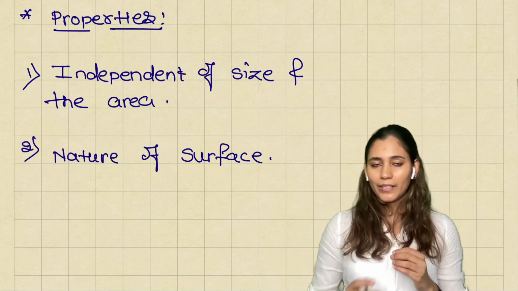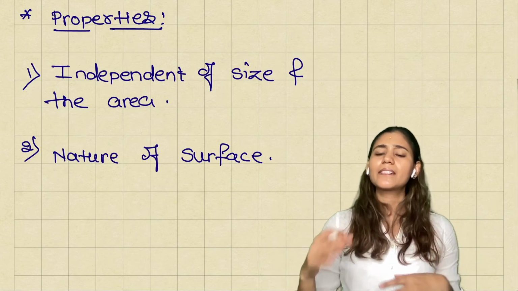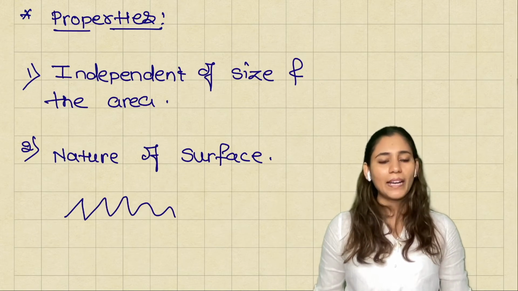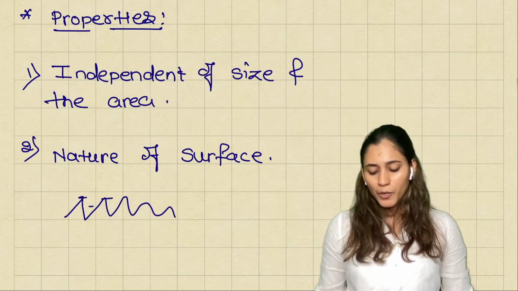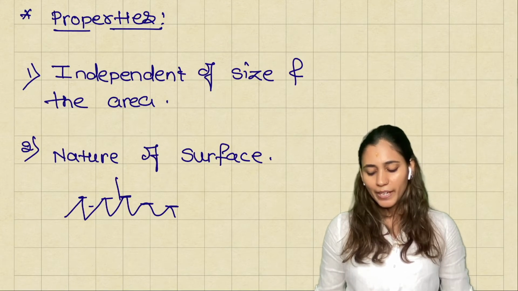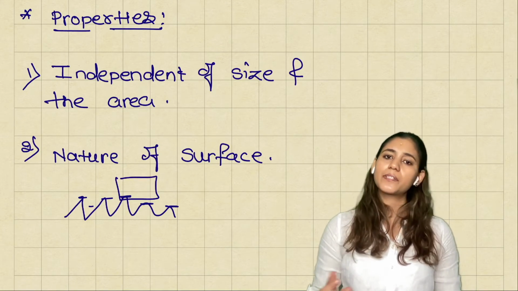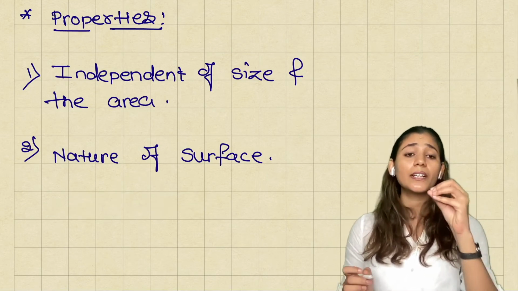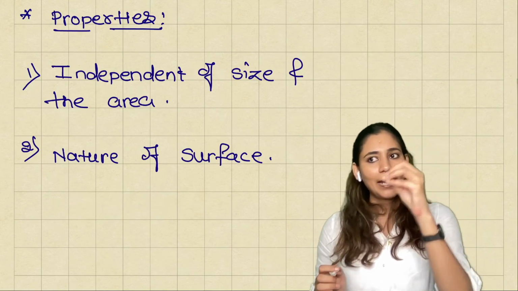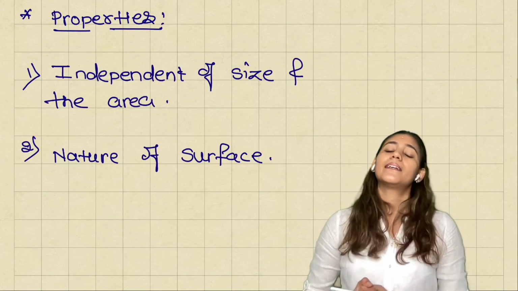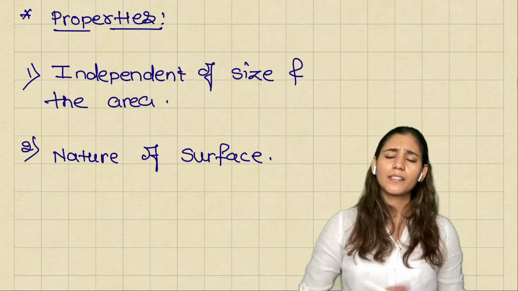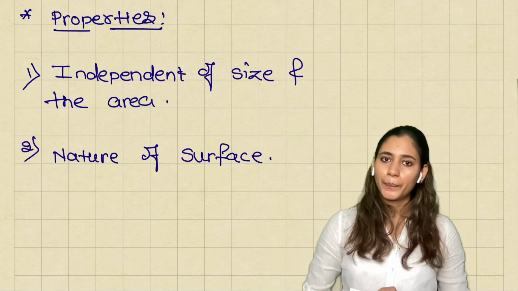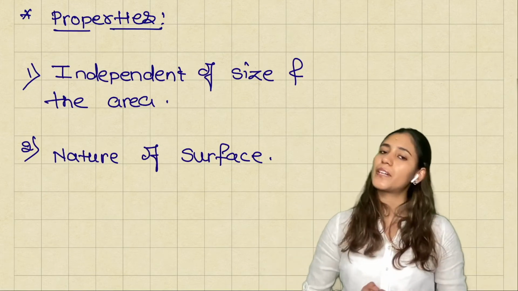When we say an object is completely smooth, it isn't completely smooth. At the microscopic level there are heads and tails, so only this part is in contact with the surface. So it depends upon the area of contact and the nature of the surface, whether rough or smooth.